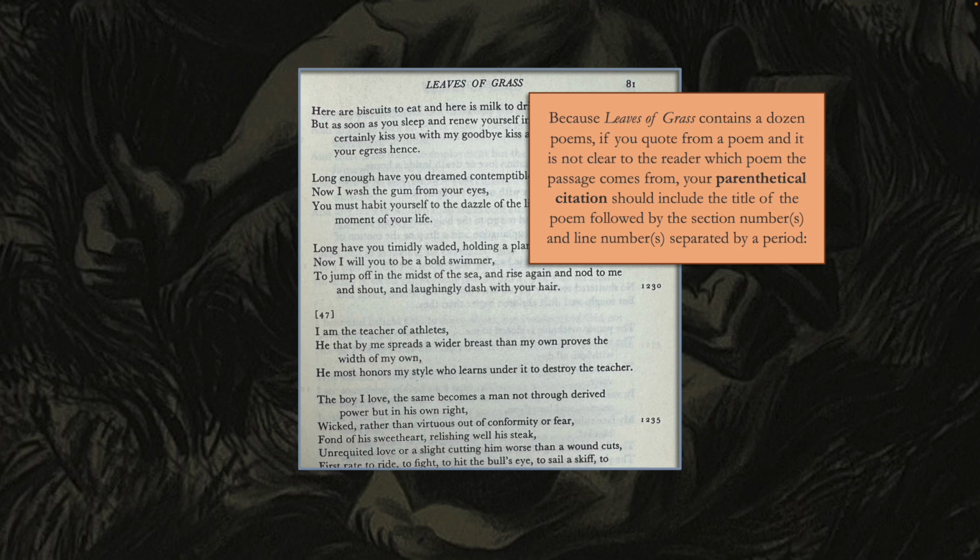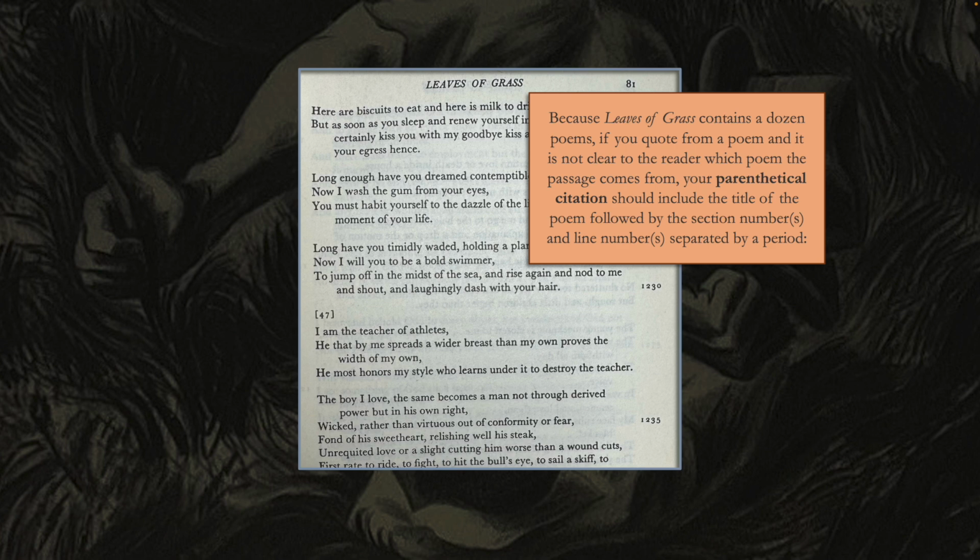Because Leaves of Grass contains a dozen poems, as we discussed, if you quote from a poem and it is not clear to the reader which poem the passage comes from, your parenthetical citation should include the title of the poem, followed by the section number and line numbers, separated by a period with no space before or after the period. So here are some examples.